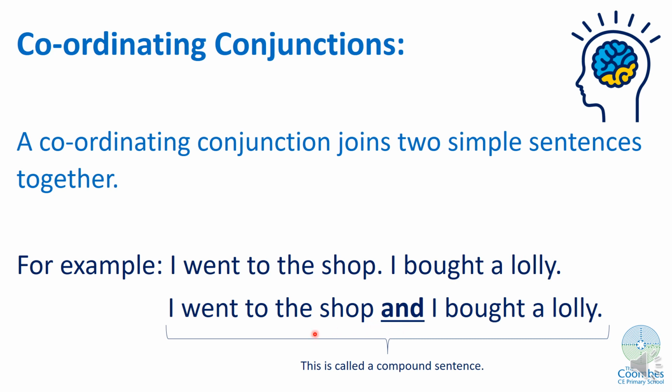Our new sentence says, I went to the shop and I bought a lolly. By joining our two simple sentences together using a coordinating conjunction, we have made a new sentence which is called a compound sentence.